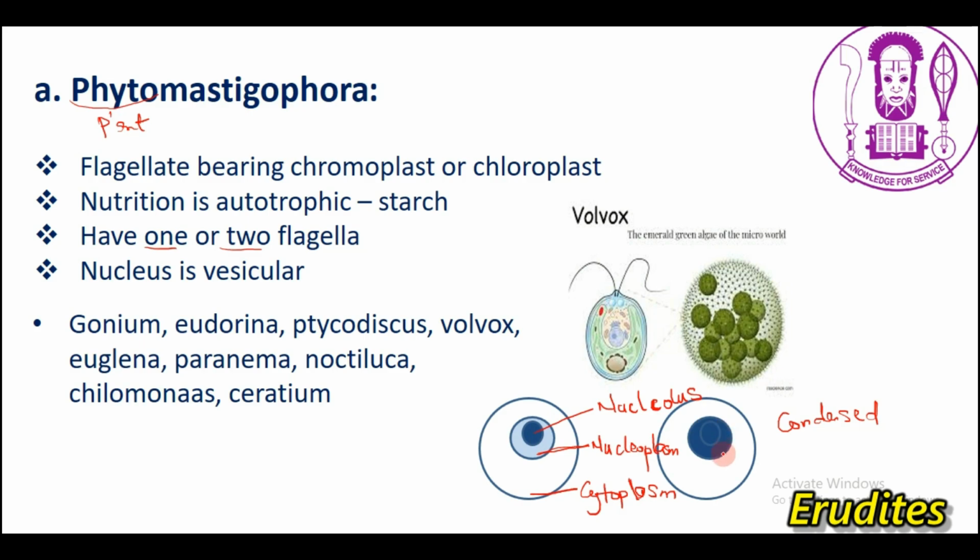In a condensed nucleus, the nucleus is darkly stained under a light microscope because the chromatin materials are tightly packed together, and so the ability to take up stain is very maximal. A vesicular nucleus stains lightly under a light microscope.